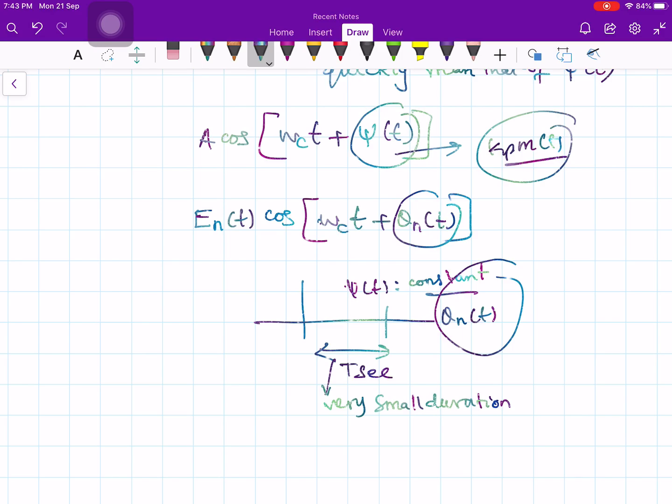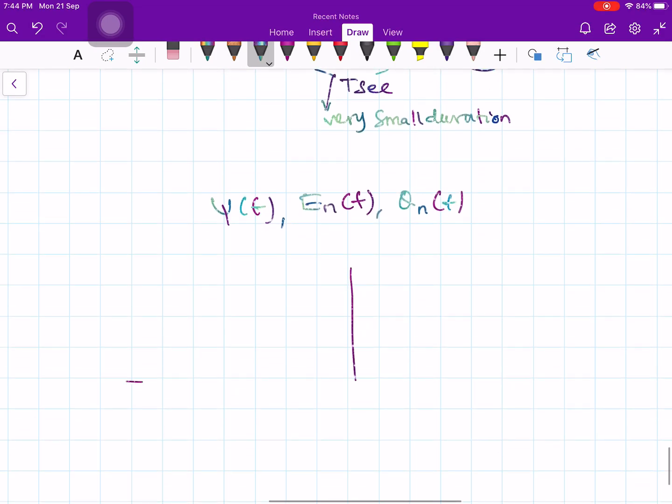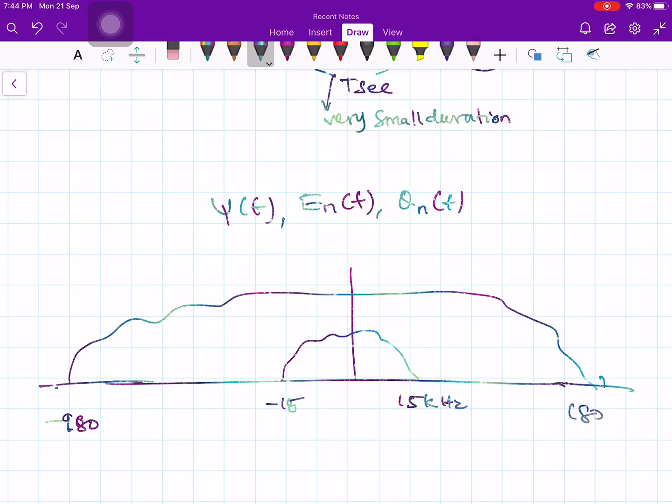Therefore, I am comparing three low pass signals: psi of t, then e suffix n of t and theta n of t. So the psi of t has, let's say, the bandwidth of minus 15 to plus 15 kilohertz, and this theta n of t and En of t has the bandwidth of, let's say, minus 180 to plus 180 kilohertz.